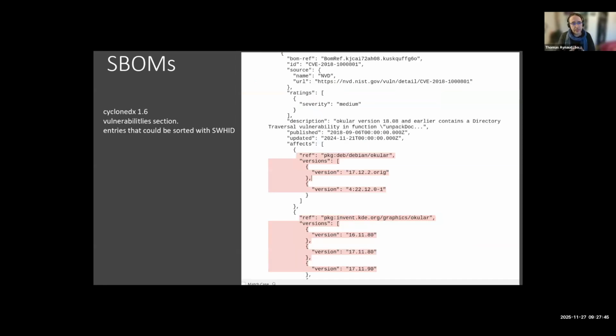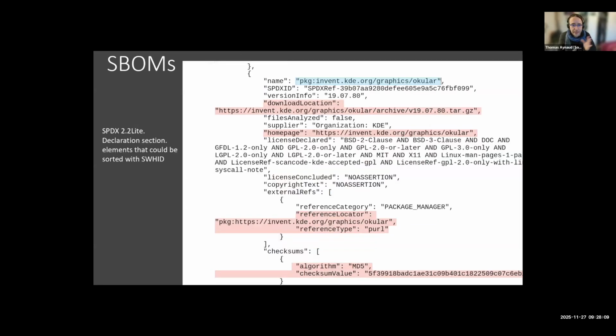In the vulnerability section, you also have some entries that could be solved with a suite. For instance, you still describe versions in package information. Maybe you can describe that using a suite. It will be more precise and easier to reference after that.